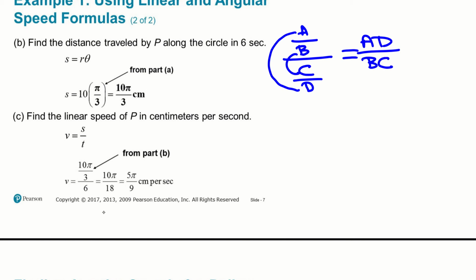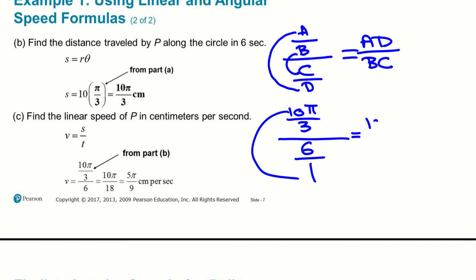So if you take 10 pi over 3 and divide it by 6 over 1, then you do the outer product, which is 10 pi, over the inner product, which is 18.